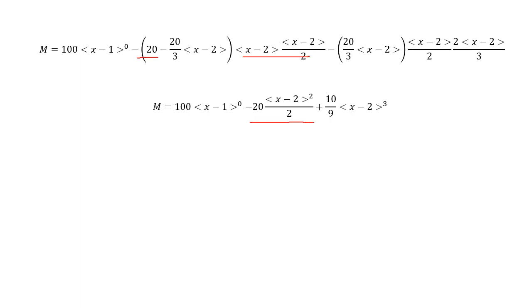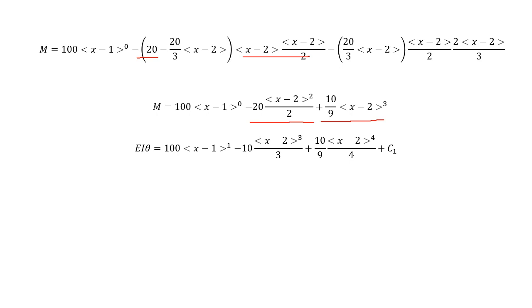And then this is positive 20 over 3 times x minus 2 squared over 2. You would actually have two terms with x minus 2 over 3, and this would be the simplification of those two terms. Then, to get EI theta, or the equation for the slope, we integrate this equation once here.